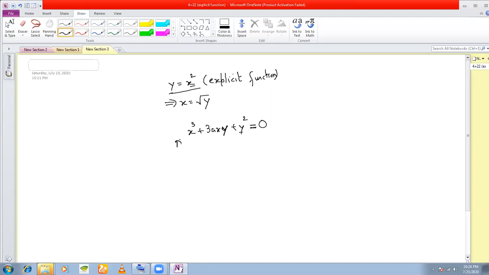So I write, differentiating both sides with respect to x. So what happens? d/dx of x cube plus thrice axy plus y square must be equal to d/dx of 0. Right or wrong?